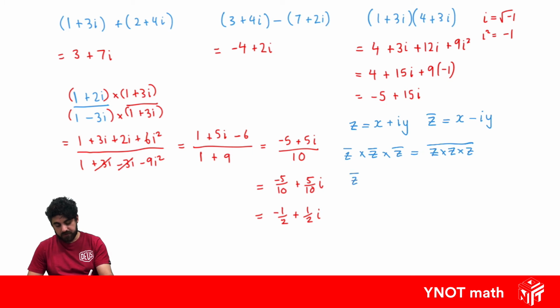If you divide two conjugate complex numbers, that's the same thing as dividing the numbers first and then taking the conjugate of those numbers.